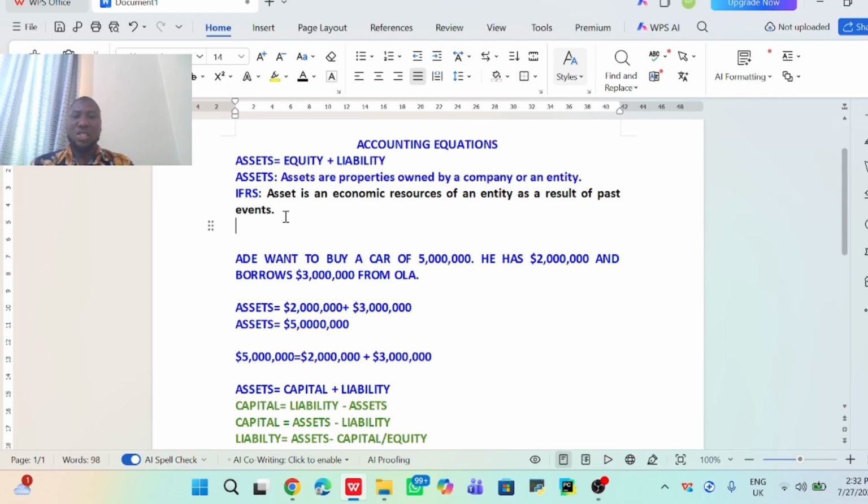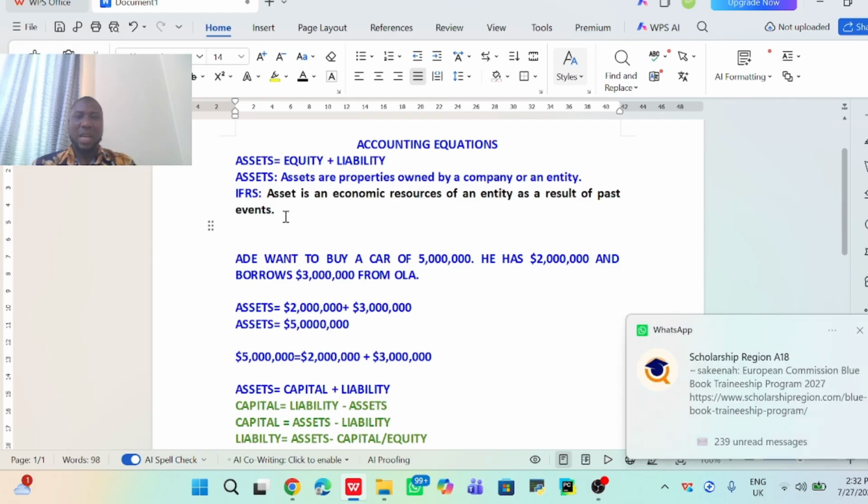So, what do you mean by economic resources? It is the resources you have. It can be cash, it can be a building, any resources that you have. Economic resources are resources that have value, value that can be measured, and they are all assets if they are owned by you.